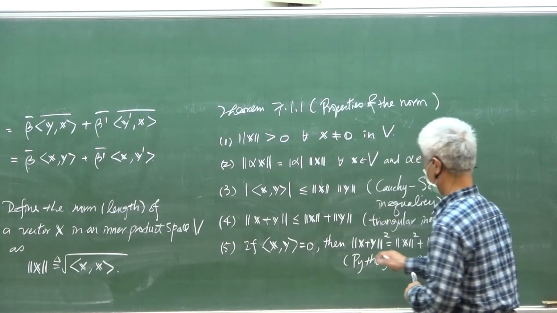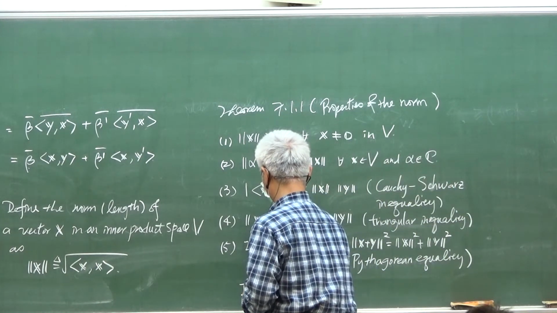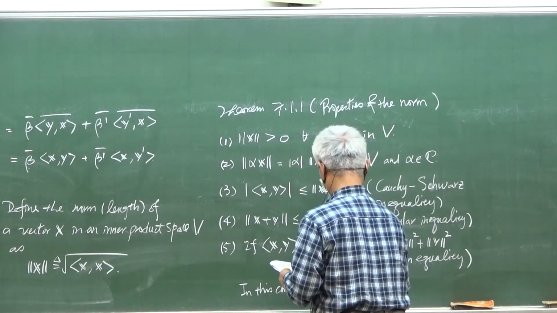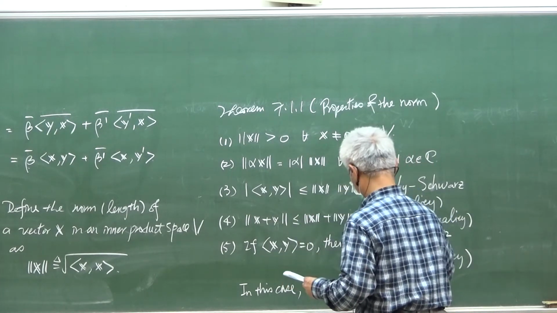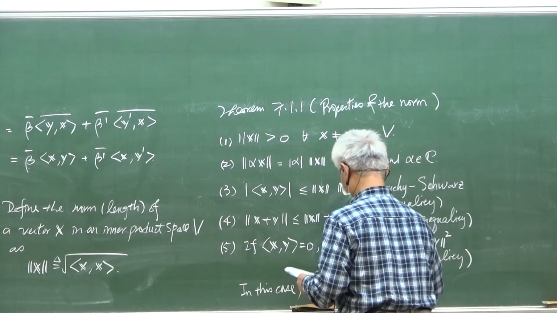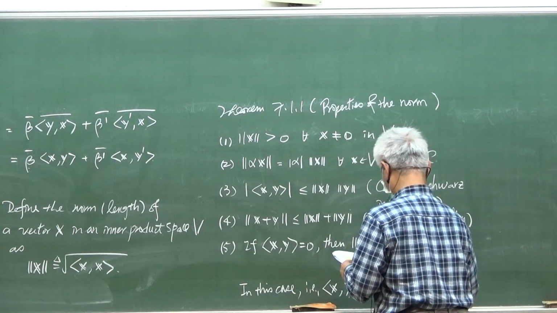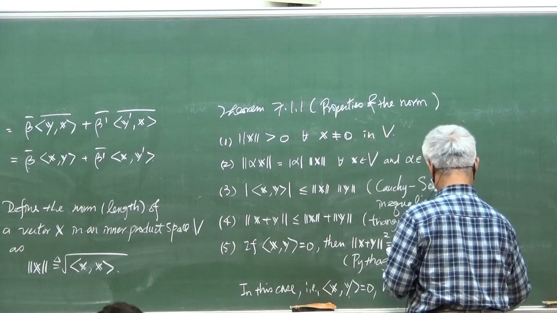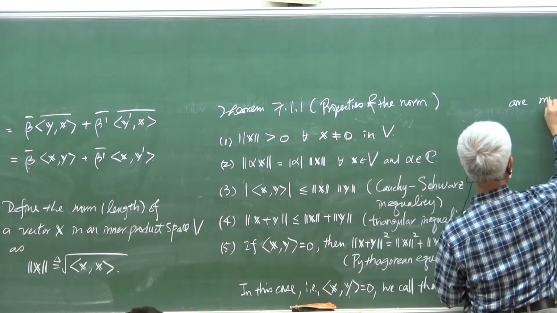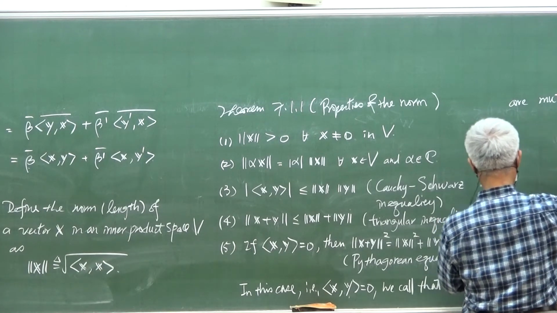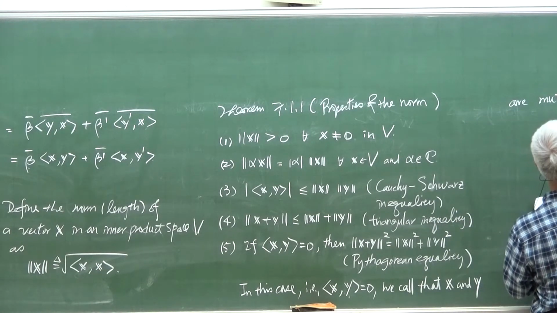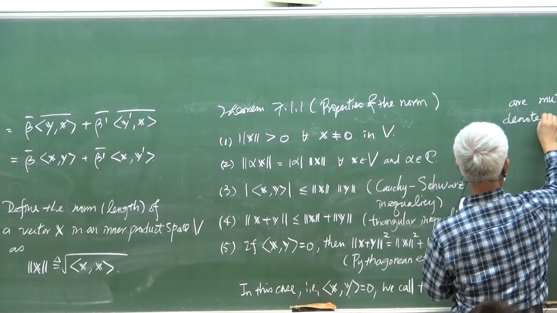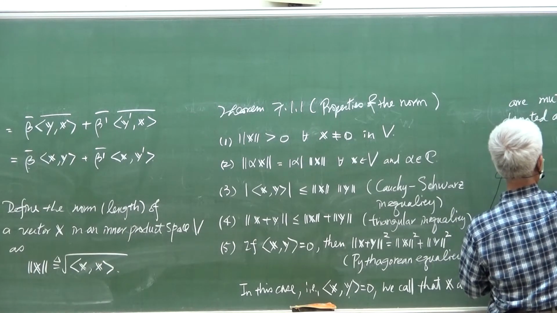Right? So in this case, i.e., the inner product equal to 0, we call that x and y mutually orthogonal, denoted as x perpendicular to y.